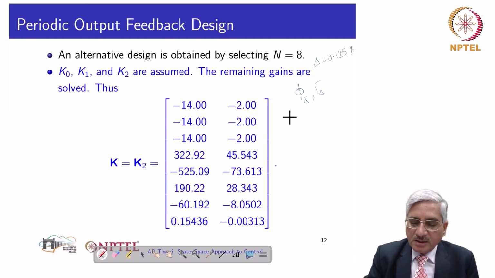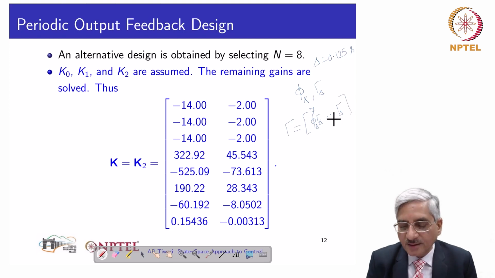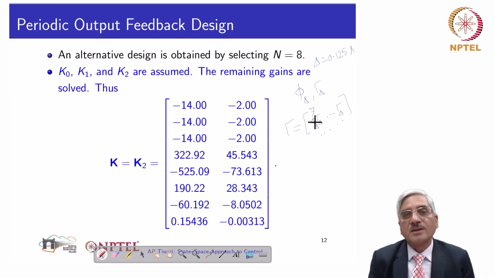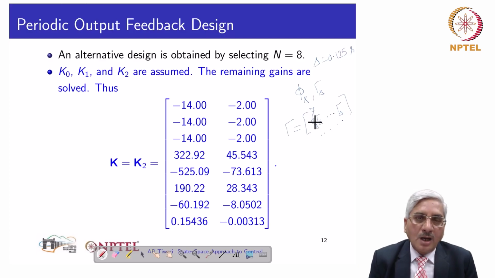And we assemble gamma. Now gamma will go up to phi delta power 7 into gamma delta. Because n is 8, it will be gamma delta, phi delta gamma delta, and so on up to phi delta power 7 gamma delta. We obtain that gamma.